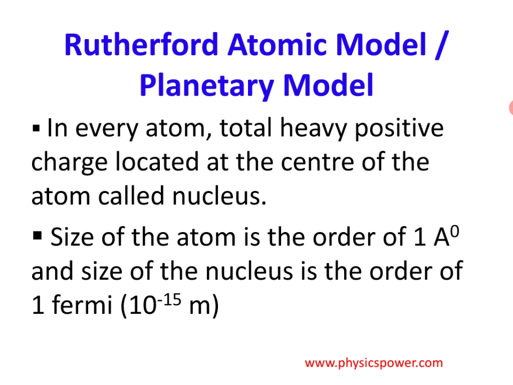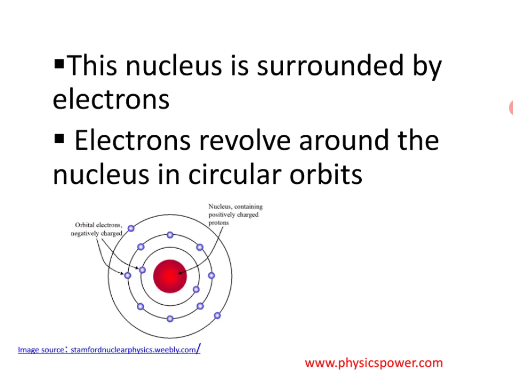Then what about the negative charge? To give the complete picture of atomic structure, from his experiment he could say complete details about the positive charge, but about the negative charge he did not have any experimental evidence. But the atom is neutral, that he knew. So he first thought that around the nucleus, electrons are distributed at different places.